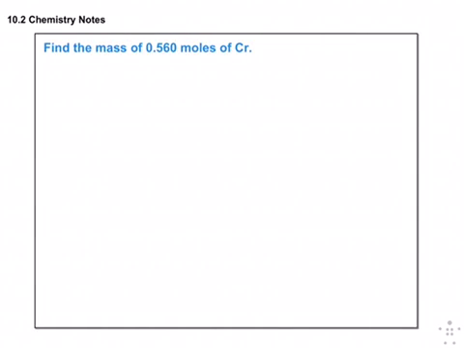So today we're just going to do a few problems. This one practices converting moles to a mass. Yesterday we didn't really work with grams. Grams is the unit of mass. But today we are going to look at how that works.